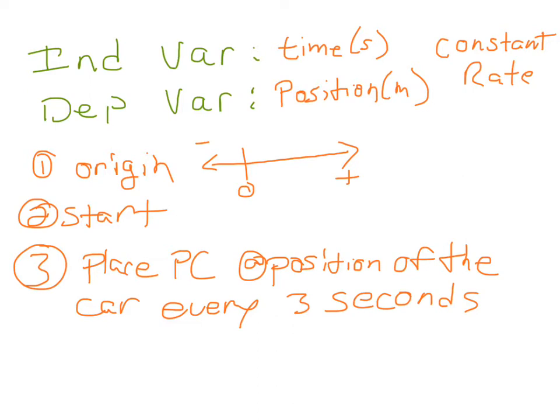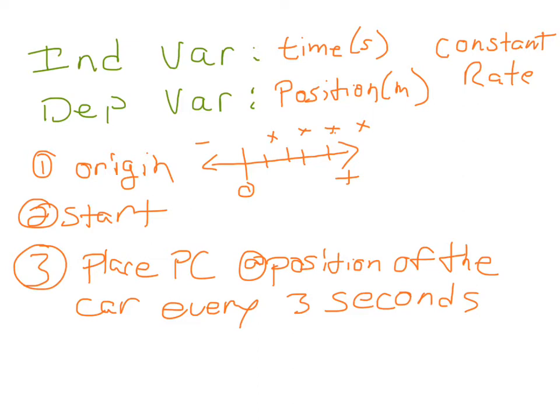You placed the paper clip at the location of the car and marked its position. So you sort of ended up with something that, as your car moved along the number line, may have looked something like this. Okay, so you can see how the paper clips marked the position of the car as the car moved forward in time. So that's kind of the basic idea of what we did.